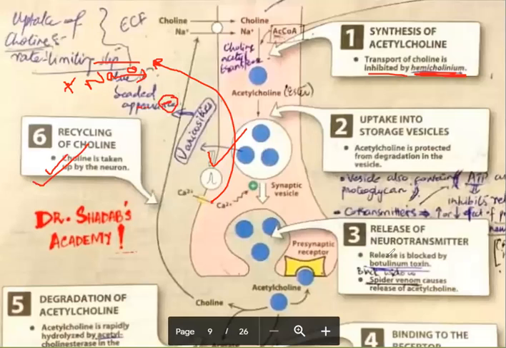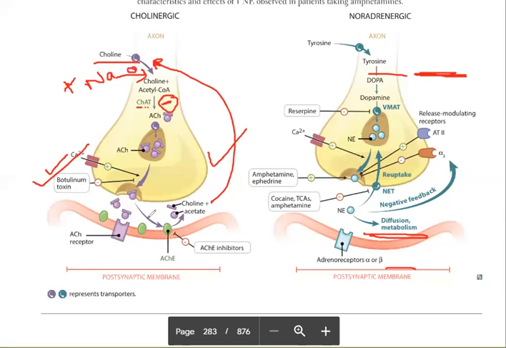Okay, and you can see in here also. So basically the botulinum toxin inhibits the release of the neurotransmitter. Then again, in this whole process, this green color thing is acetylcholine esterase, which is present on the postsynaptic membrane, and it will break acetylcholine into acetyl and choline, and choline will again go back up.